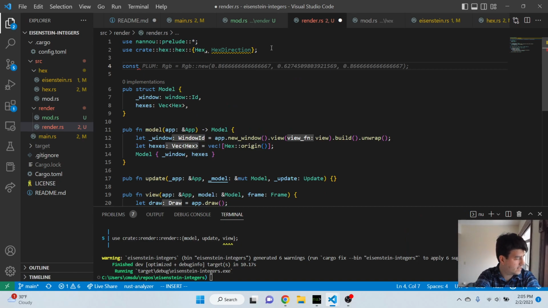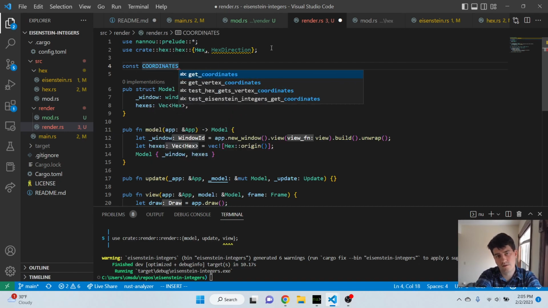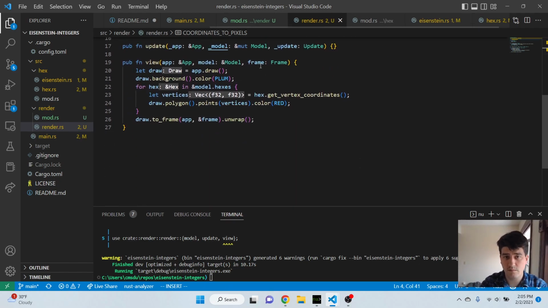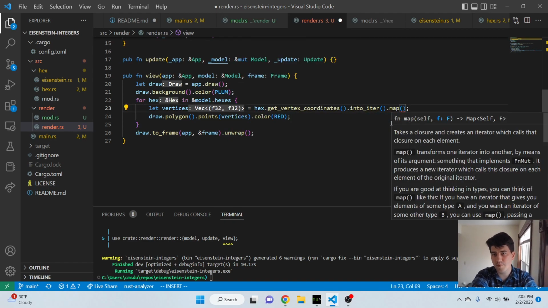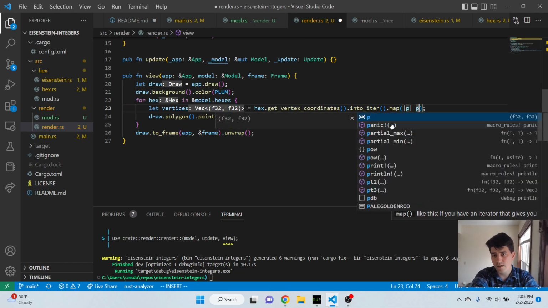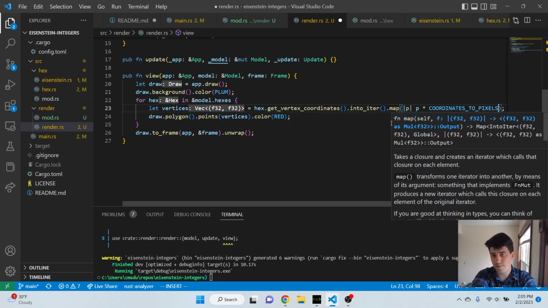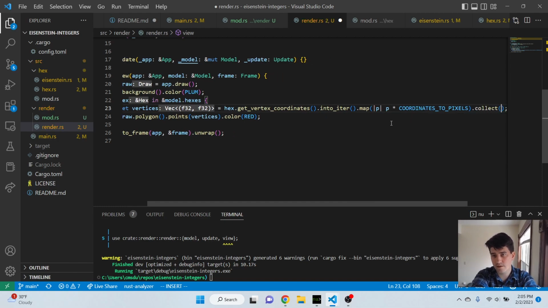Let's call it coordinates 2 pixels. 50 seems sane. And we'll say dot into iter dot map p times coordinates 2 pixels dot collect.